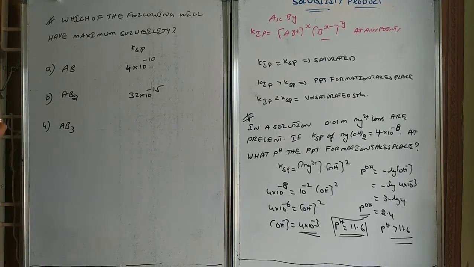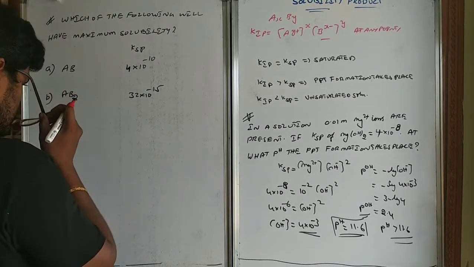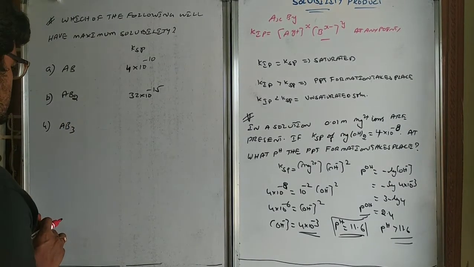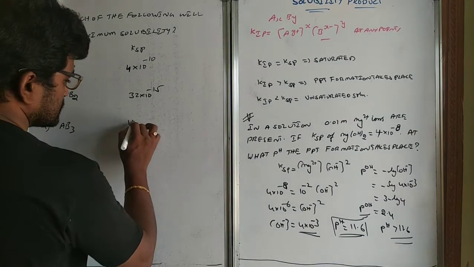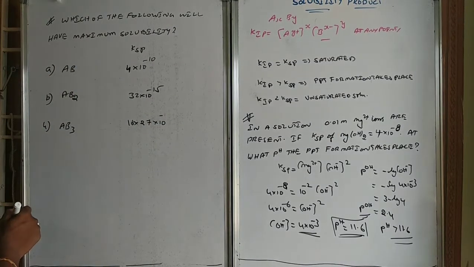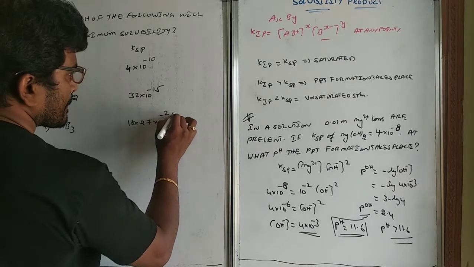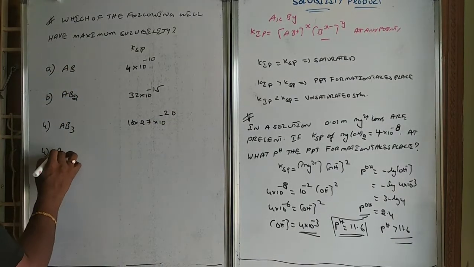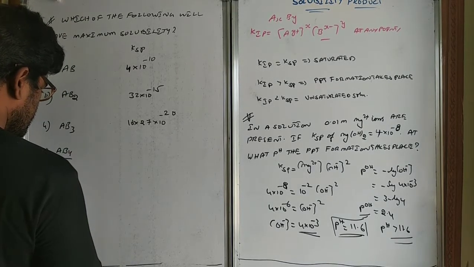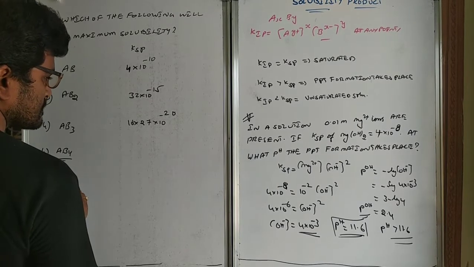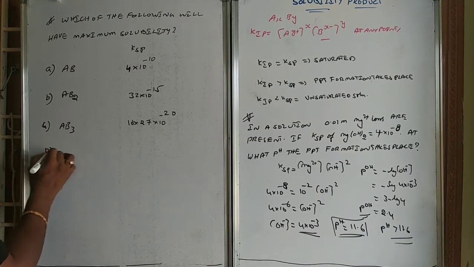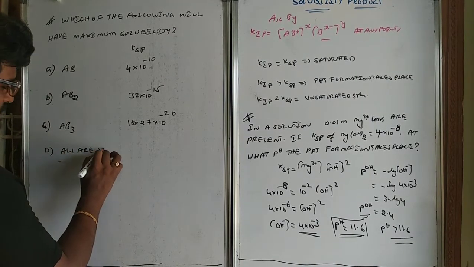Option C, AB3 salt with Ksp 16 into 27 into 10 power minus 20. Option D, AB4 salt. Next, B, C, D are all the same.